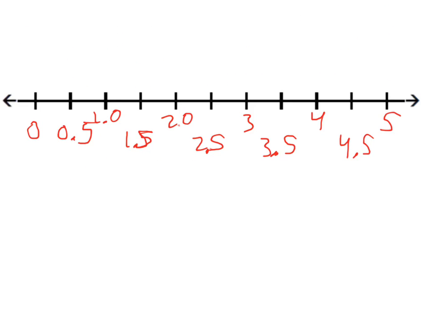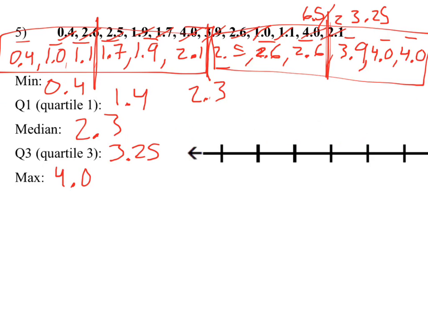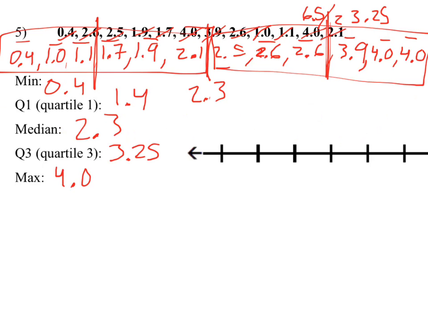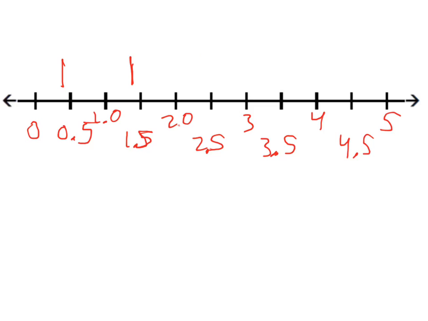My lowest number is 0.4, which is here. The next one is 1.4, which is about here. And then we got 2.3, which is here-ish. Let me put these down. 0.4, 1.4, 2.3. My next one is 3.25, which is going to be halfway here.